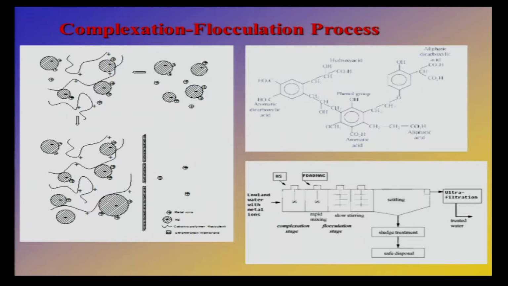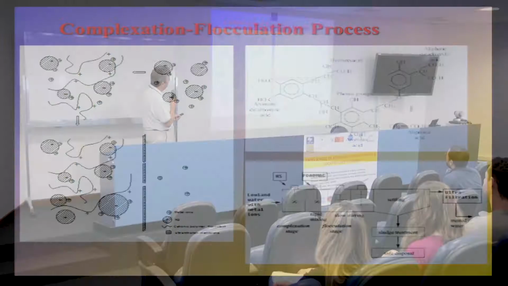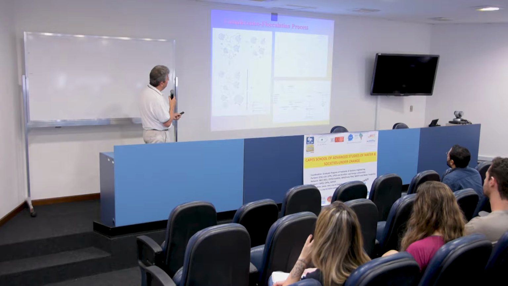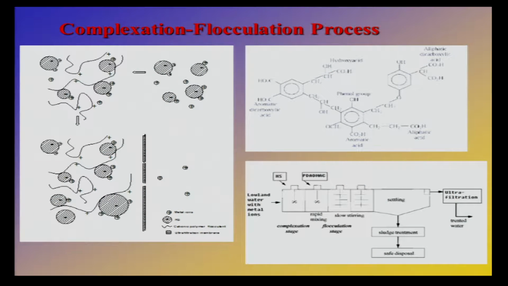I hope this slide is clear, the copy is not very good. If you look here on the right, this is an example of a humic acid molecule. Generally they're chains made from aromatic rings, which have side groups on them. They have a small number of polar groups, but once those polar groups have been neutralized, in general the chains are very hydrophobic.